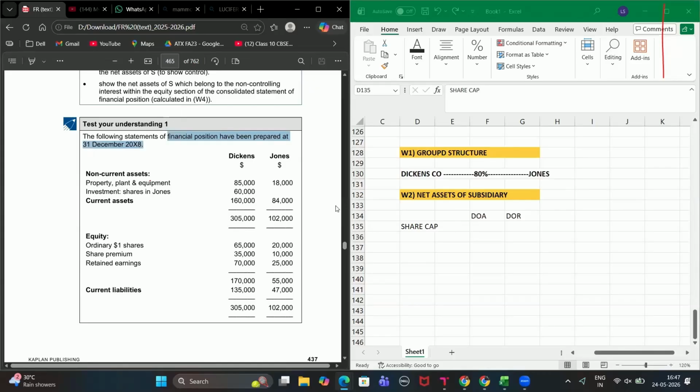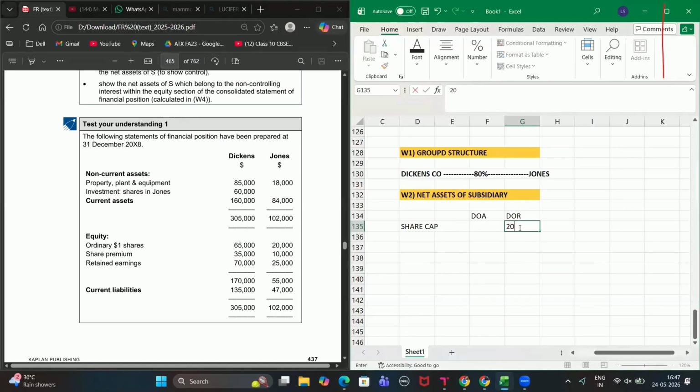So is it date of reporting or date of acquisition? It's date of reporting. So what is the share capital at date of reporting? It's 20,000.